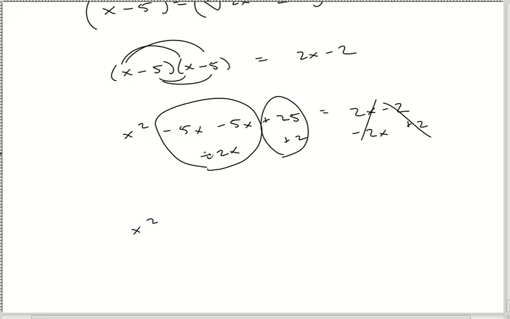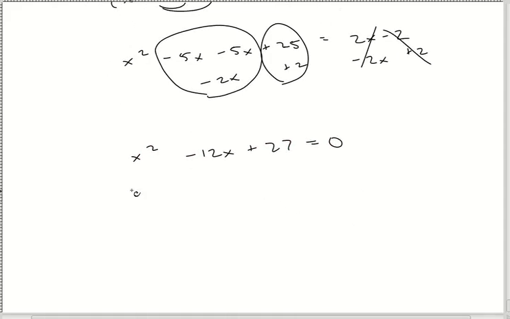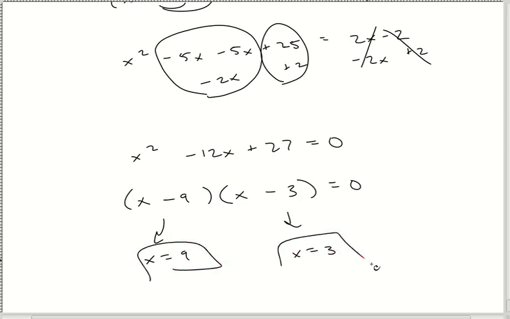X squared, I got a negative 12x and a positive 27. Yep. Can I factor this to solve for x? And the answer is yes. What two numbers multiply to make 27 but add up to 12? I think it's going to be a 9 and a 3. Negative 9, negative 3 make a negative 12. Yep. So my answers are x equals 9 and x equals 3. Awesome. Very good.